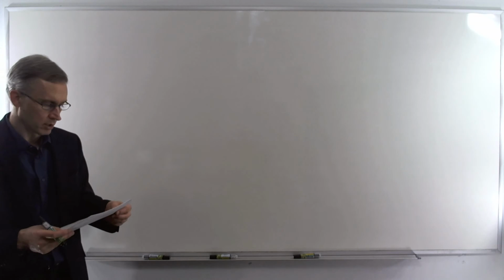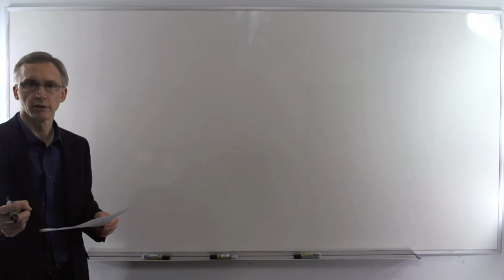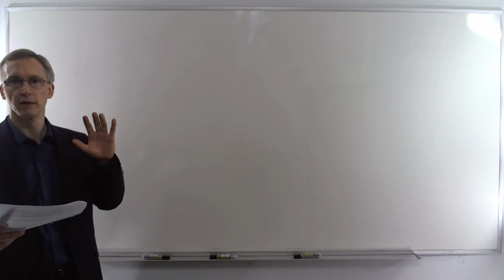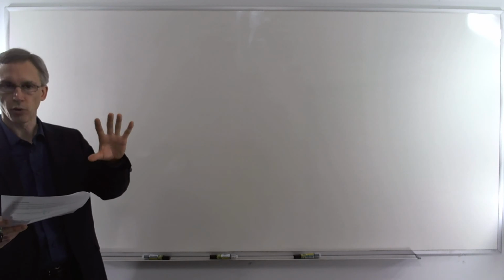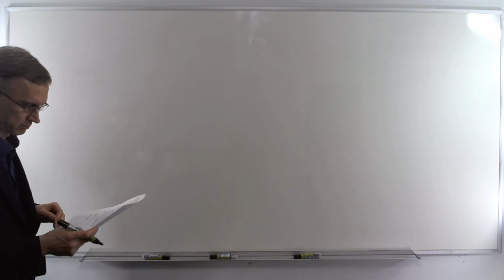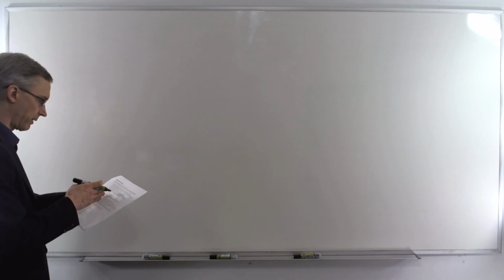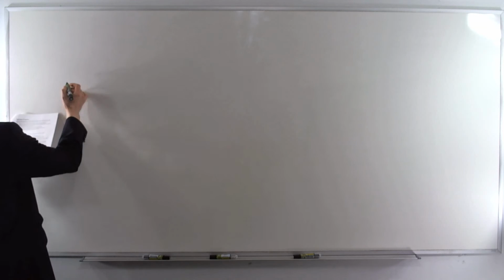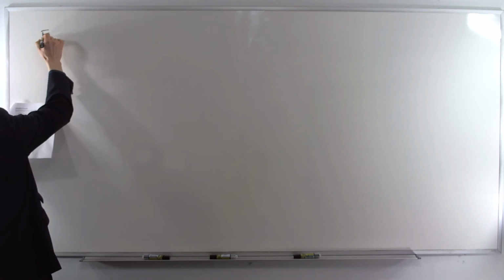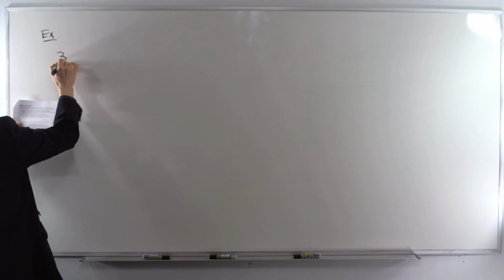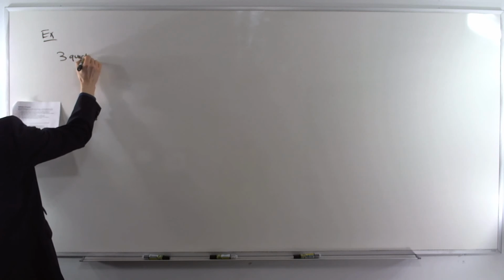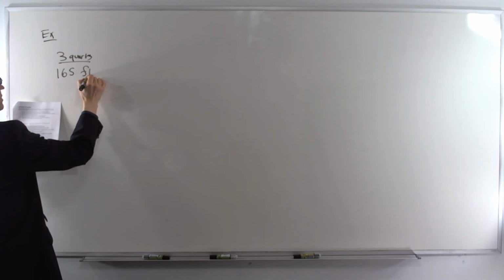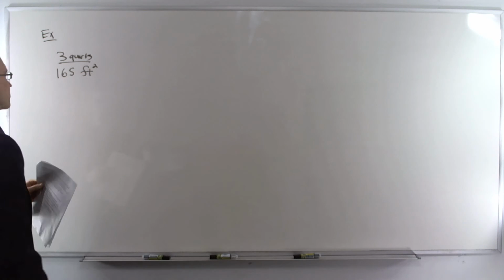So step 3, we're going to create a ratio or rate out of one of the pairs of quantities that are related to each other. So 3 quarts of paint covers 165 square feet. Those 2 quantities are related, so let's write a rate. So 3 quarts over 165, and I'm going to use the symbol FT with a 2 exponent, feet squared.